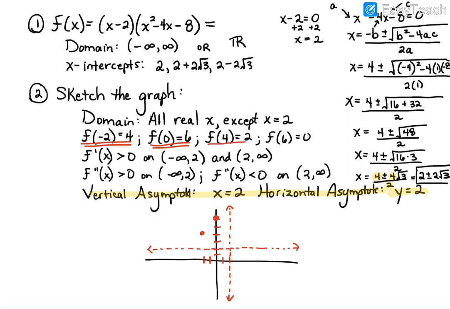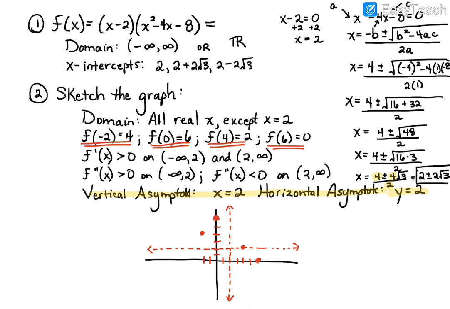And then when they say f of 4 is 2, when my x is 4, then my y value is 2. Okay, and then f of 6 is equal to 0, so when my x is 6, my y value is 0. So that's what I've got so far with those points.